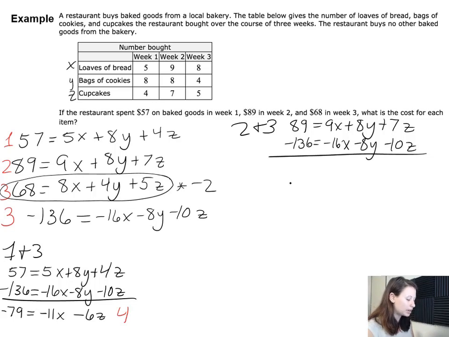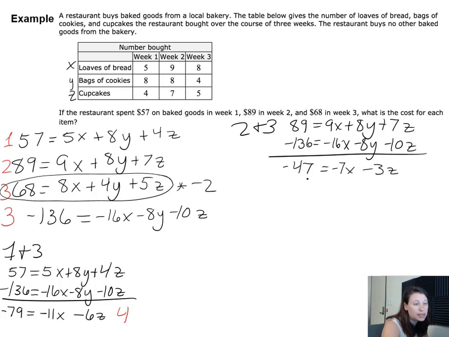So 89 minus 136 is negative 47. And then 9 minus 16, that's negative 7x. And no y's, negative 3z. 47, 7, and 3 don't have anything in common, so that's all we can do to that one for now, and this is equation 5.